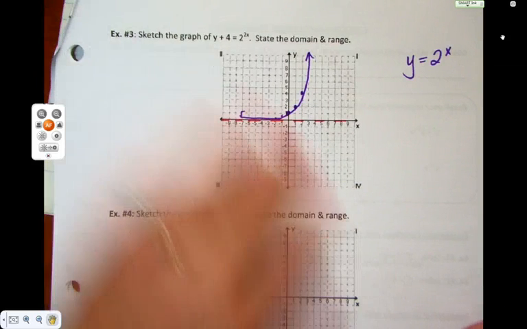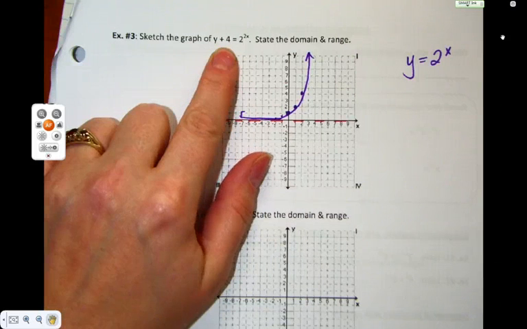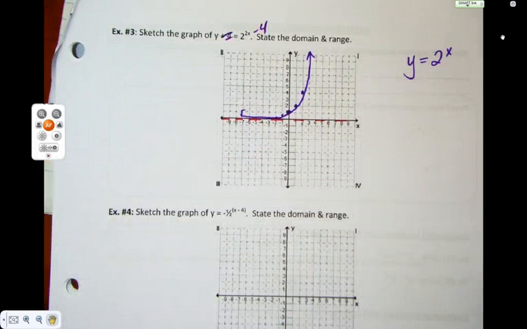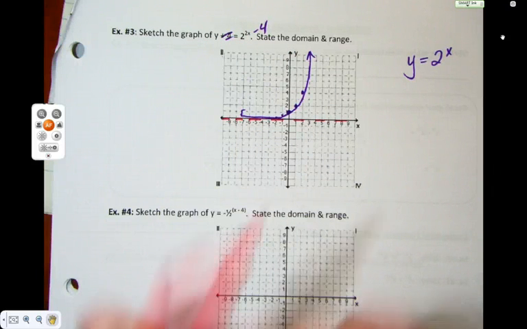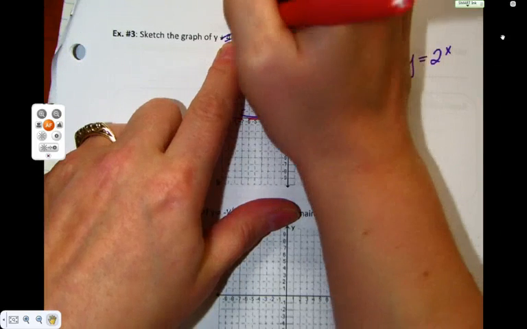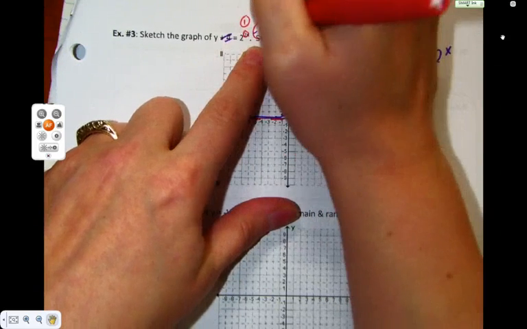Okay, let's identify the transformations. What should we do with the 4? Okay, left to right, first transformation is the little 2 in the exponent. Second is going to be the minus 4.